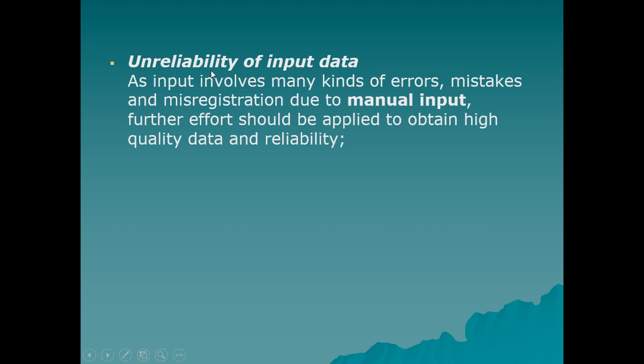Another problem could be the unreliability of input data. As input involves many kinds of errors, mistakes and misregistration can happen during that manual input process. So remember, once we have to do any kind of data correction, it now involves human intervention, and that human intervention can actually cause some errors.